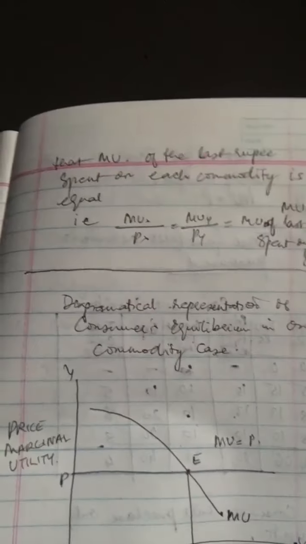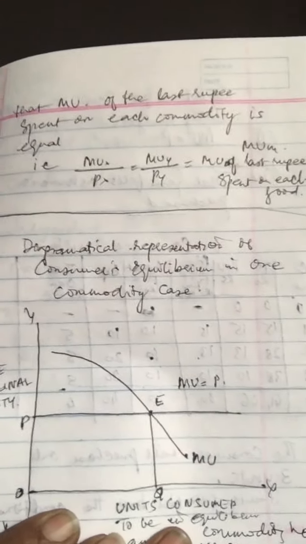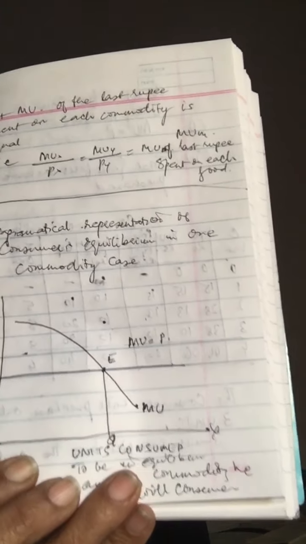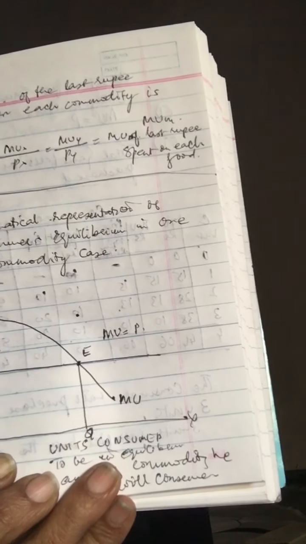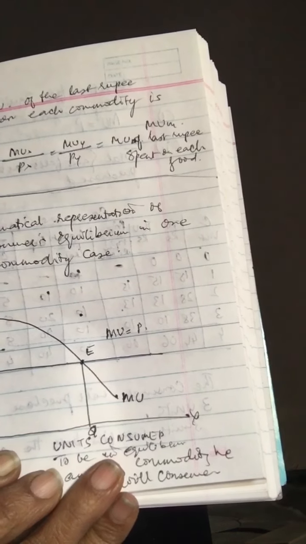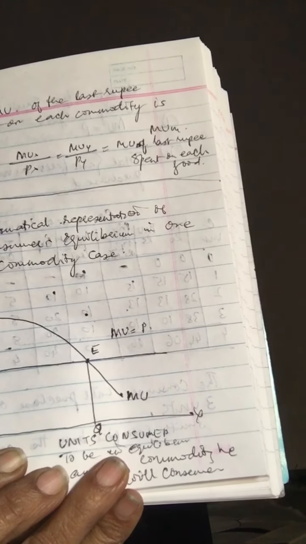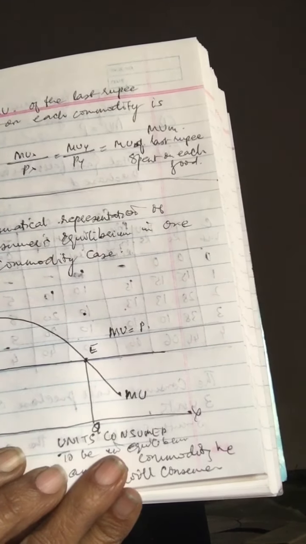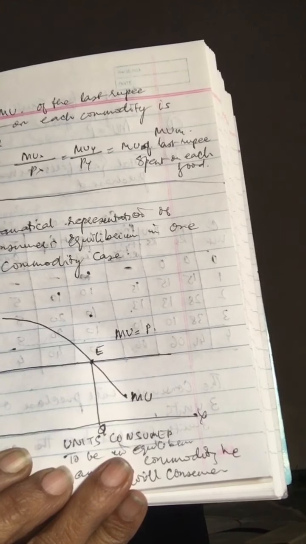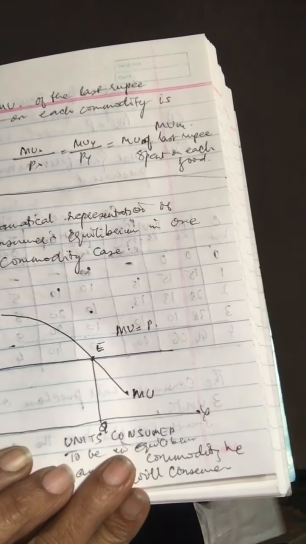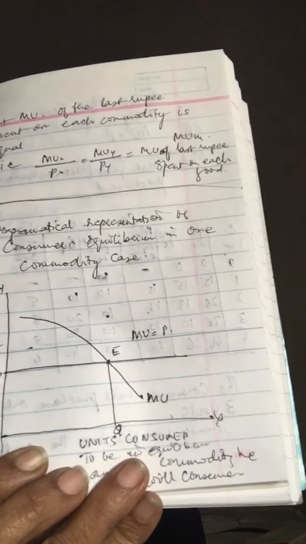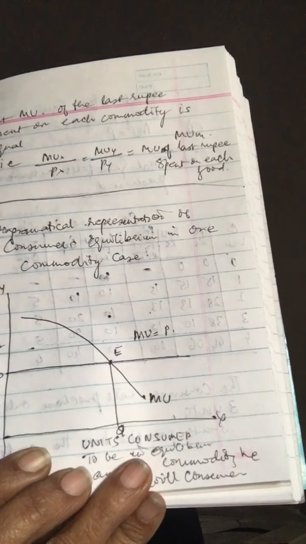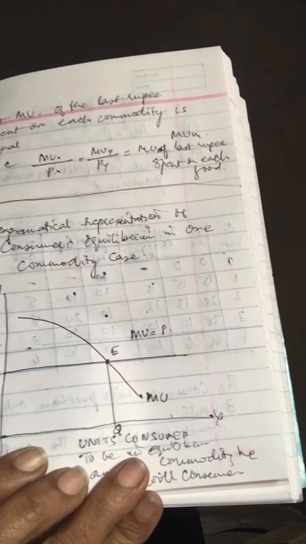Diagrammatically, you can see that MUX is equal to P. That means here we see OQ units. He will be in equilibrium when he buys OQ units, where his marginal utility is equal to the market price that he's ready to pay.